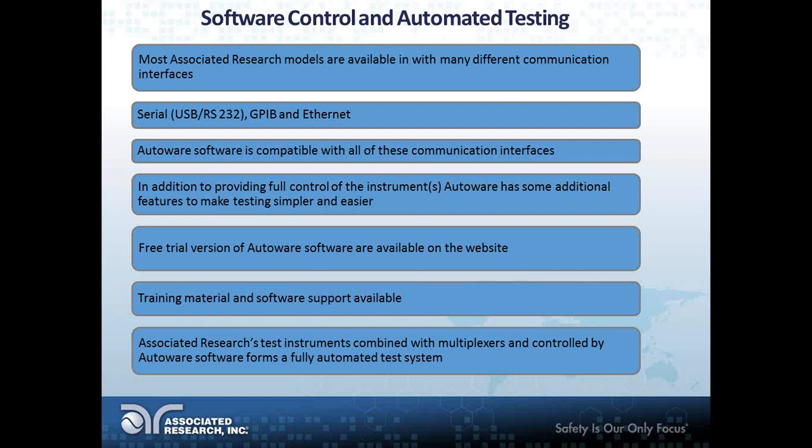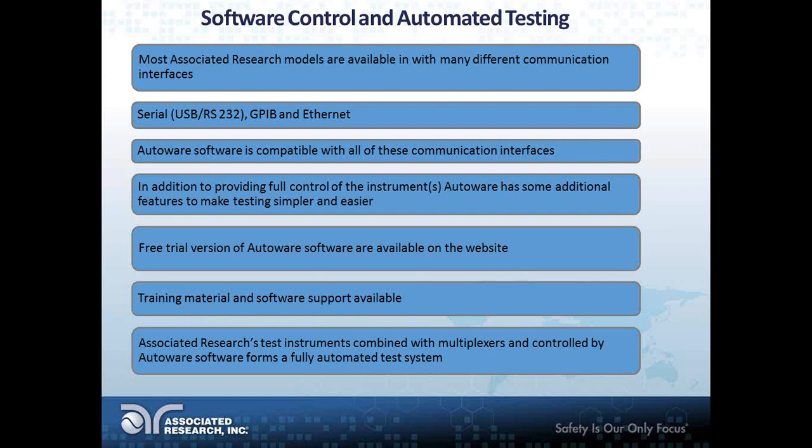A fully automated test system means that all you need to do at the beginning of your test is make all the necessary connections, and then you can be sitting far away from the actual test instrument and running the test using the Autoware software, collecting data, analyzing data.